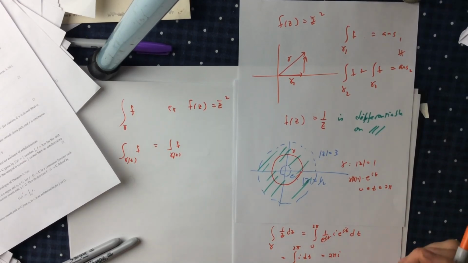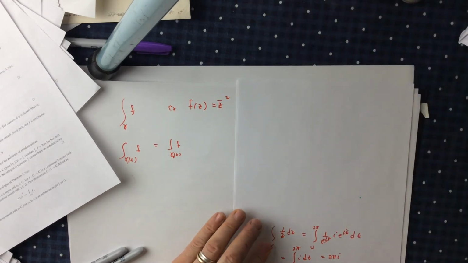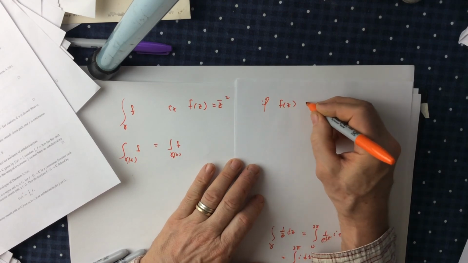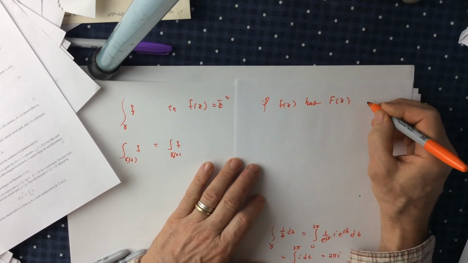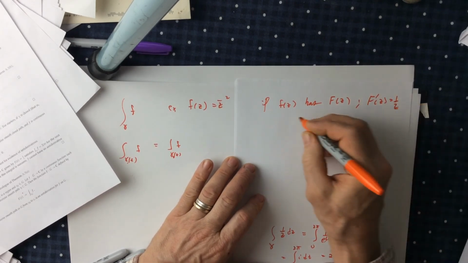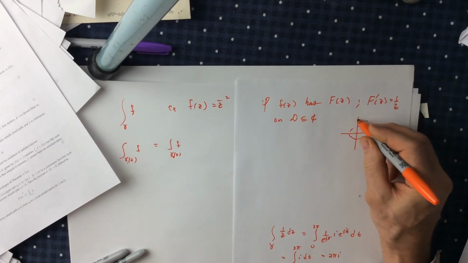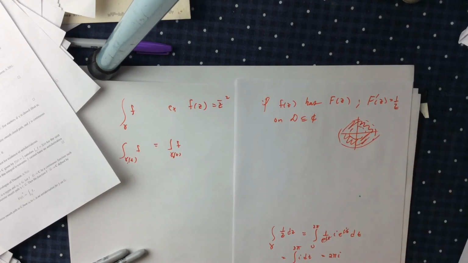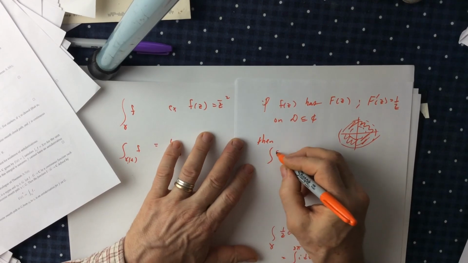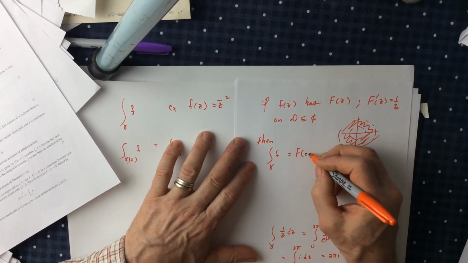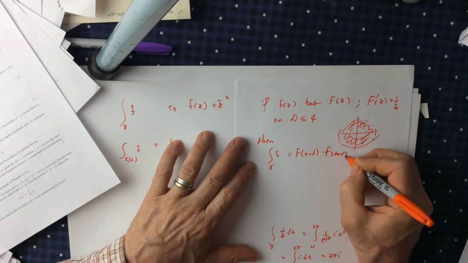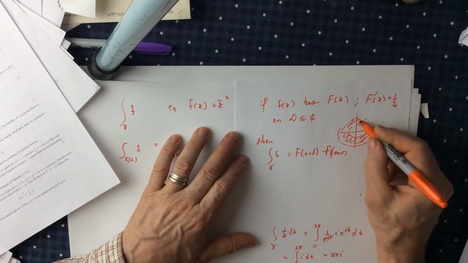Now let's go back to that theorem that we had. That one theorem said that if f has an antiderivative on this region, let's just recall, if f of z has a capital F of z where F prime of z was 1 over z on D inside of the complexes, and our D, if you remember what I drew, was this region, then the integral of f over gamma would be the end minus the start, but that circle began, went around, and ended.